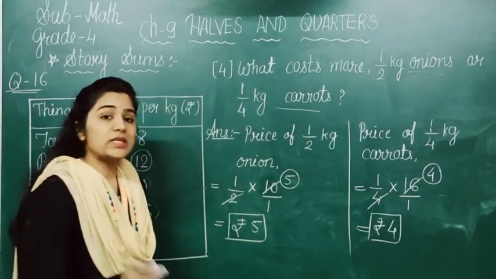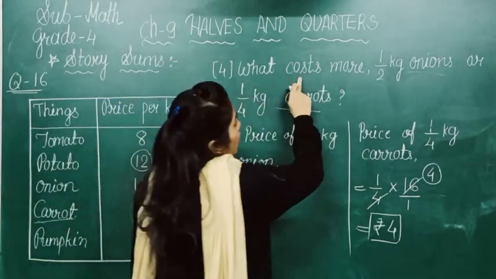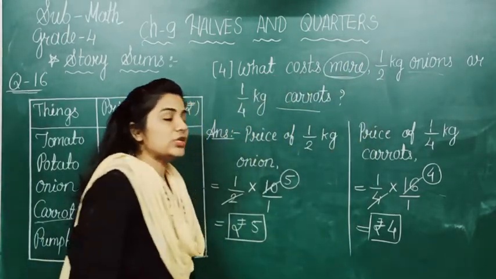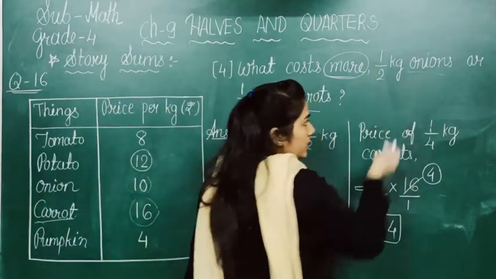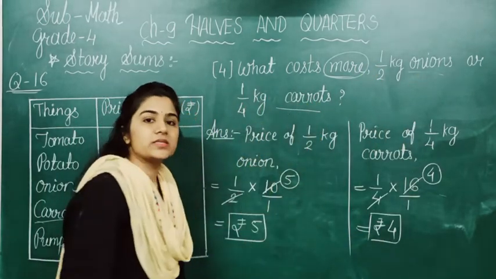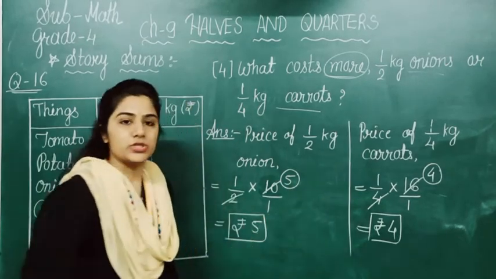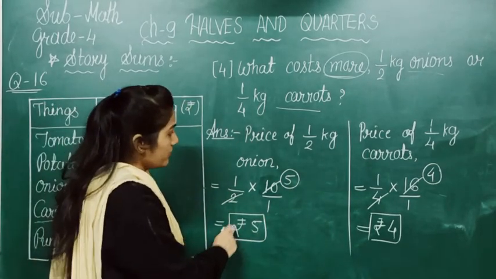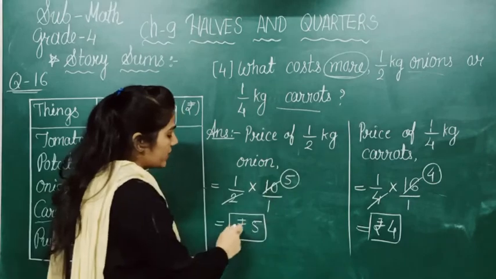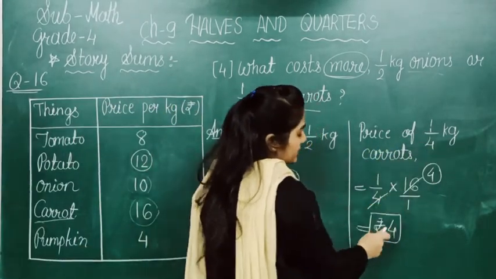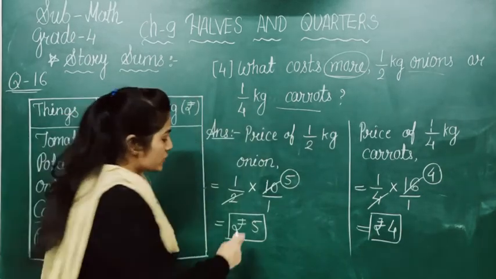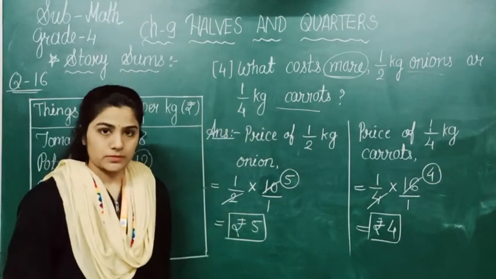So now what is your question? What costs more? In short, whose price is more, 1/2 kg onion or 1/4 kg carrots? So we have to do a comparison, right? You can observe, the price of 1/2 kg onion is ₹5, and the price of 1/4 kg carrots is ₹4.